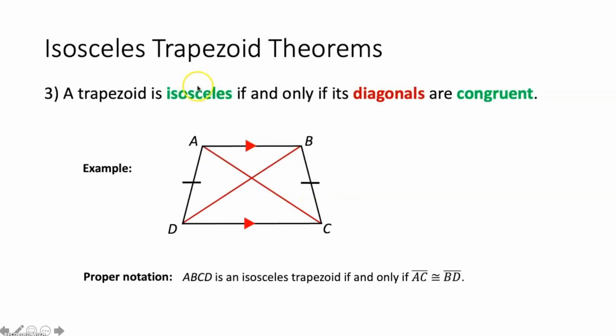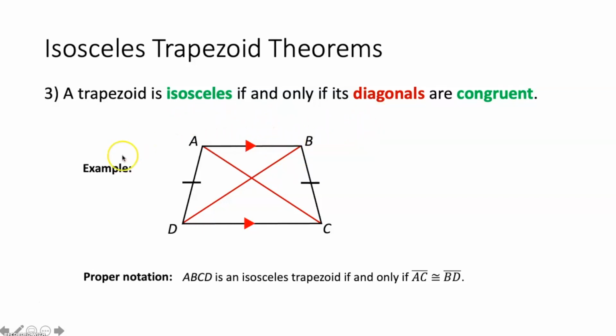The third isosceles trapezoid theorem says a trapezoid is isosceles if and only if its diagonals are congruent. So if you haven't seen an if and only if statement in a while, it means that it works both ways. So if you have a trapezoid and you know the diagonals are congruent, segment AC or CA is congruent to segment BD or DB, then you know it must be an isosceles trapezoid.